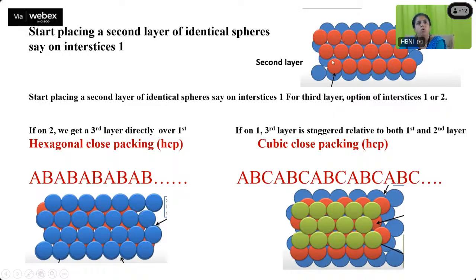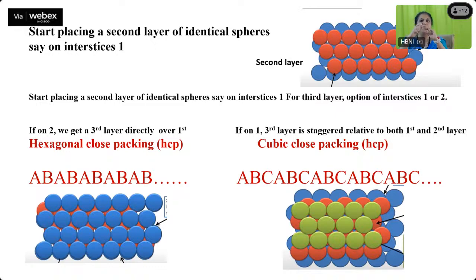Okay. Now, let's say my second layer, as I told you, we place it on the triangular interstices pointing upward. Now, suppose I place the third layer again on triangular interstices pointing upward. Now, your position of the third layer is neither similar to 1 nor similar to 2. It is a third position.